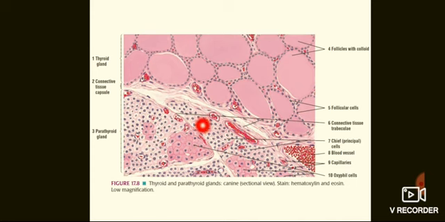The parathyroid gland has sheets of cells, and it has two types of cells: chief cells, which are more numerous, and the oxyphil cells, which are larger and less numerous cells in the parathyroid gland. This is all about the thyroid and parathyroid.